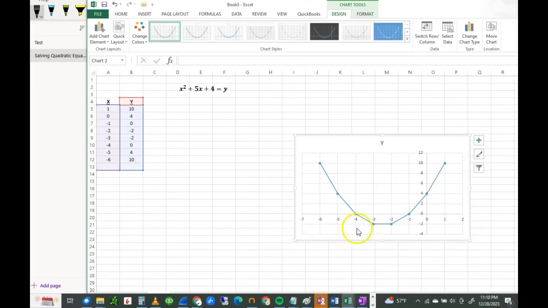So your answer is minus 4 and minus 1. Where x is minus 4, y is 0, or x is minus 1, y is also 0. These 2 points are your solution to this equation.